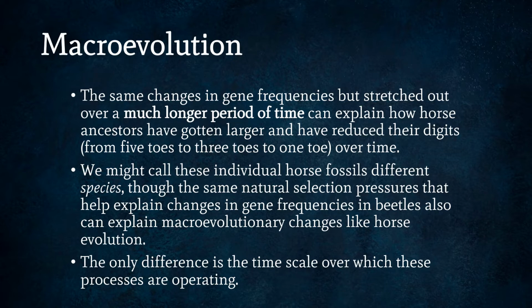We might call these individual horse fossils that were represented in this slide before different species, though the same natural selection pressures that help explain change in gene frequencies in beetles also can explain macroevolutionary changes like horse evolution. The only difference is the time scale over which these processes are operating.